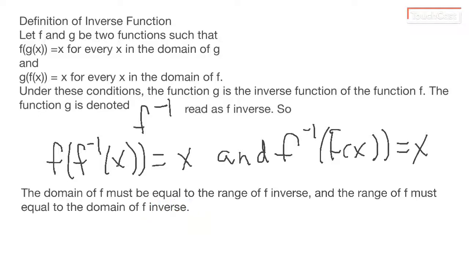So let's look at another example where we're going to verify or test if two functions are inverses of one another. Alright, so let's look at example 2.